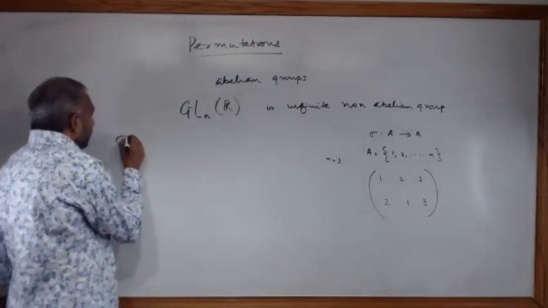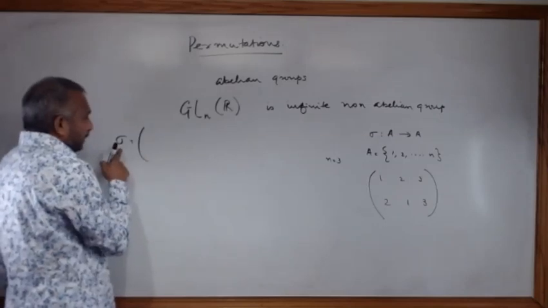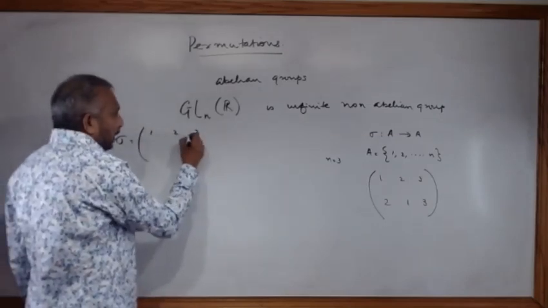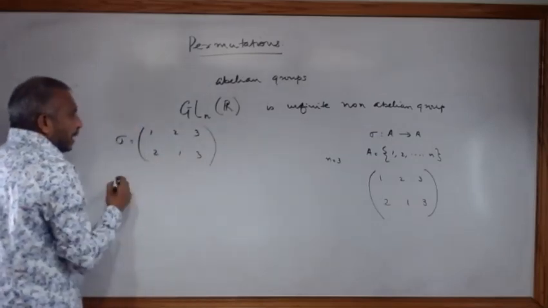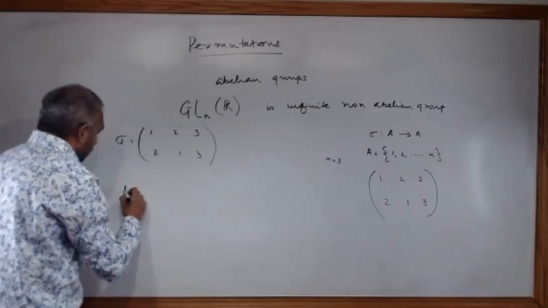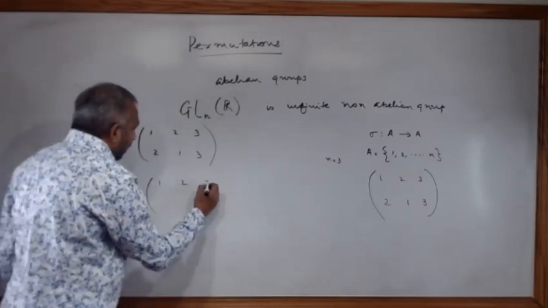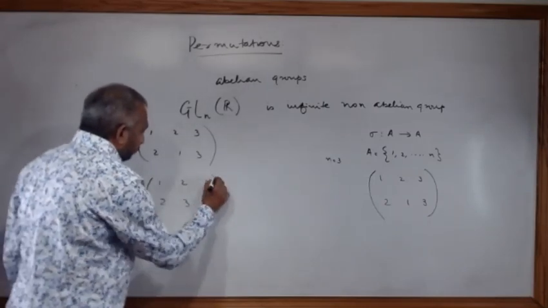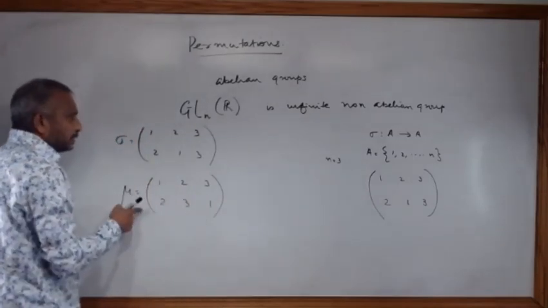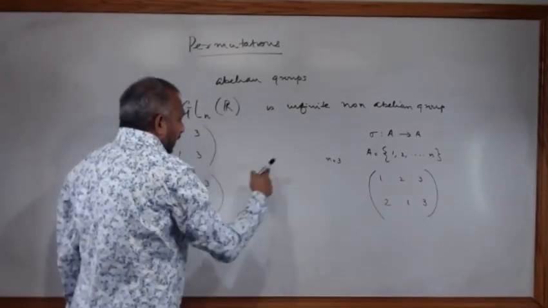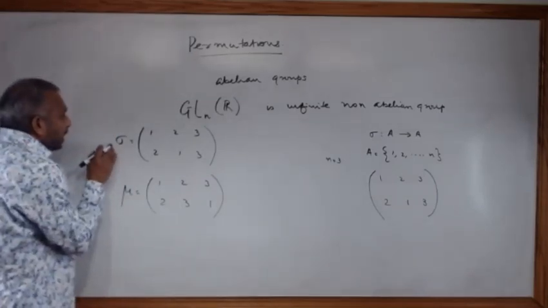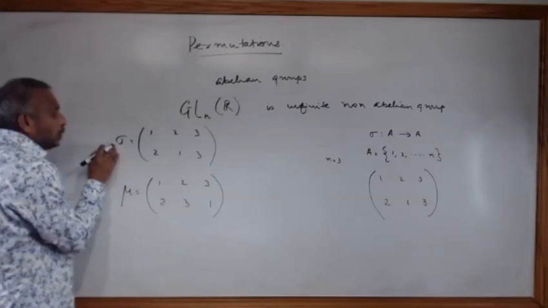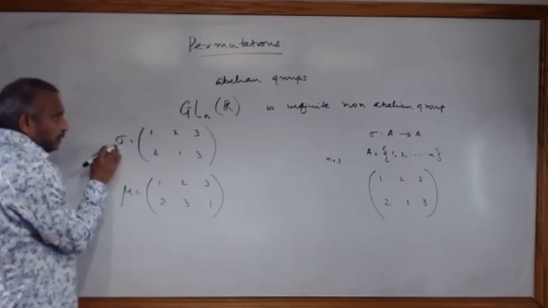For example, sigma is a permutation from 1, 2, 3 to 1, 3, 2. And we will take another map, mu, from 1, 2, 3 to 2, 3, 1. These are two different permutations on the set of 3 elements. These are the elements of the group. The elements in the group are the permutations.